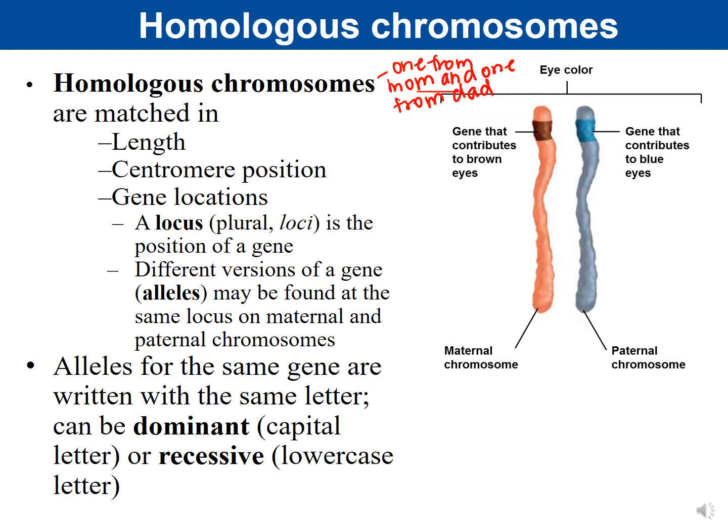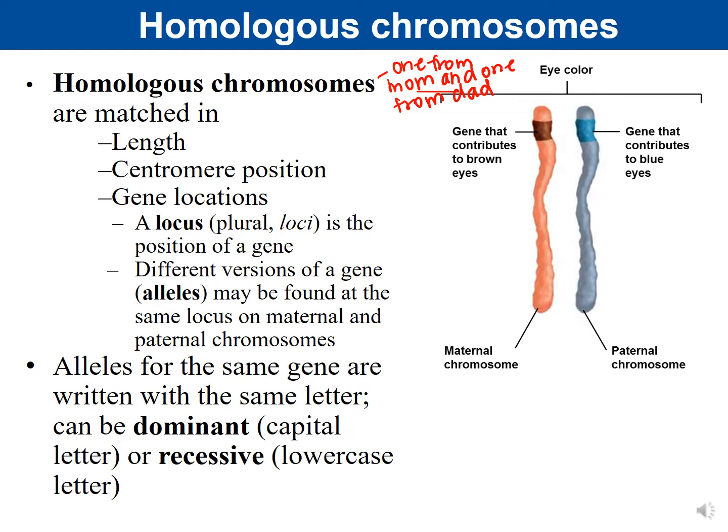So for you, you have 46 chromosomes and they are 23 pairs. So 23 of your chromosomes came from mom, 23 of your chromosomes came from dad.